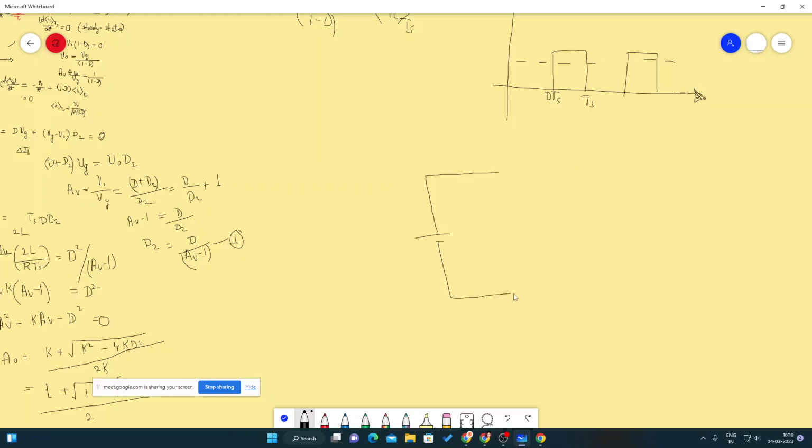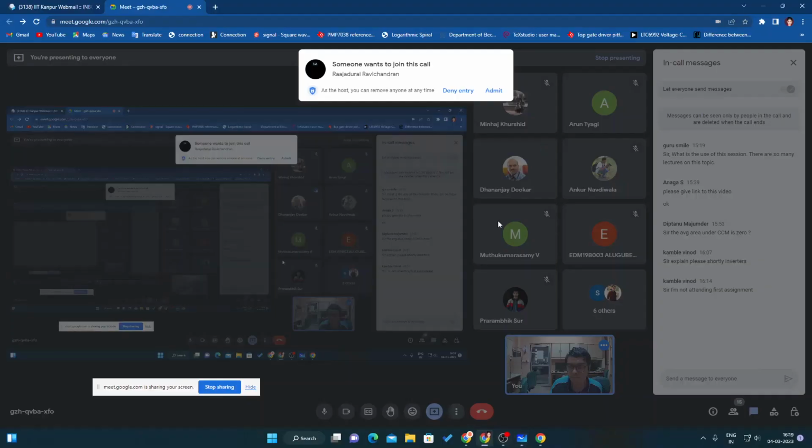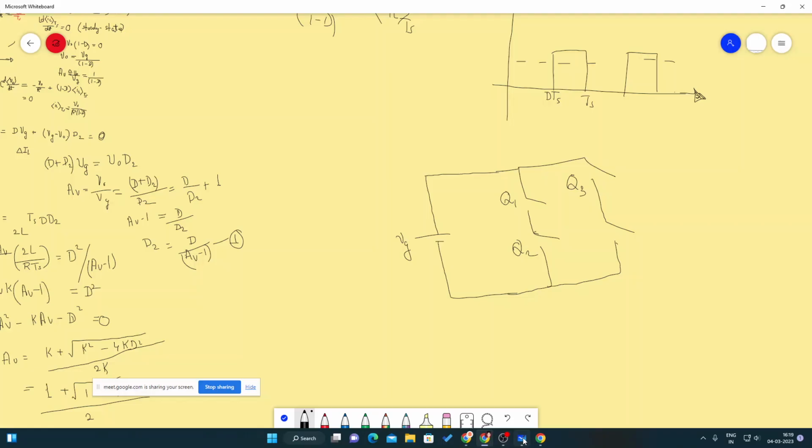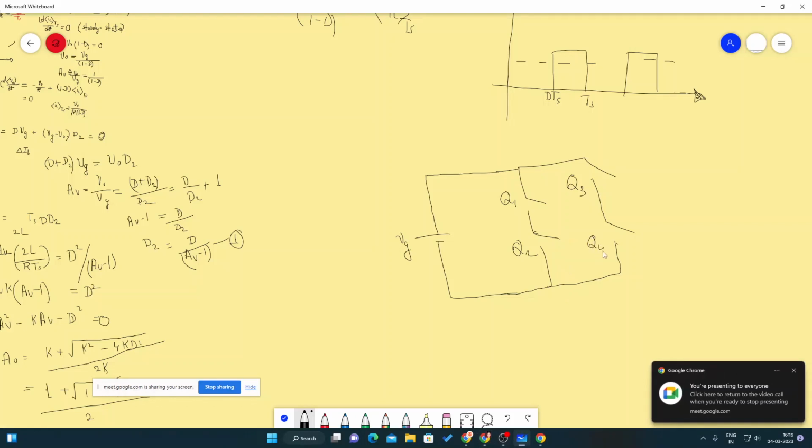This is the DC source, VG, and let's name the switches Q1, Q2, Q3, Q4.